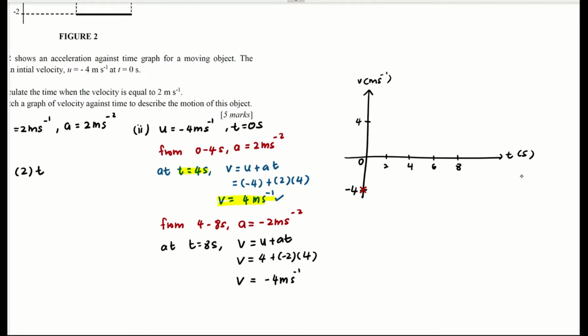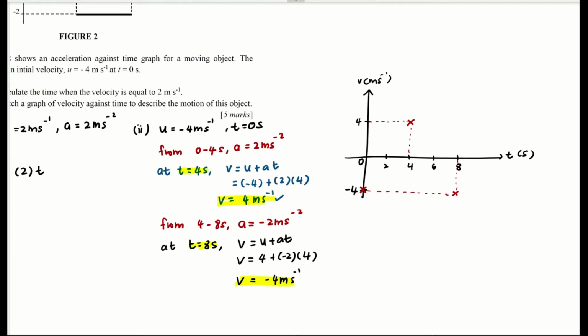So at 4 seconds, v is equal to this one, 4 meters per second. And then at t equal to 8 seconds, the velocity is -4 meters per second. So the velocity is equal to -4, which means here.